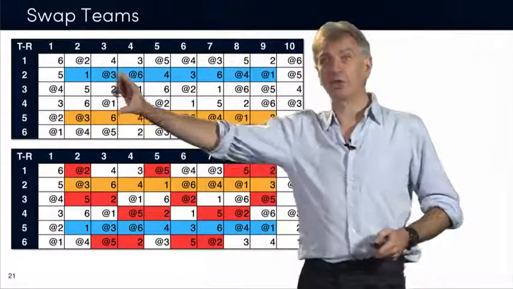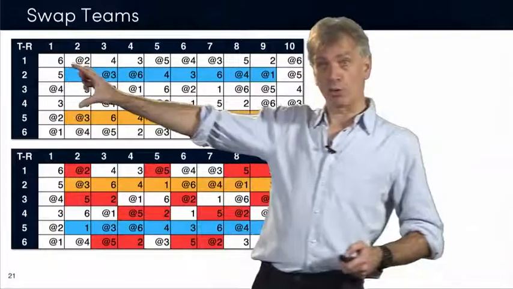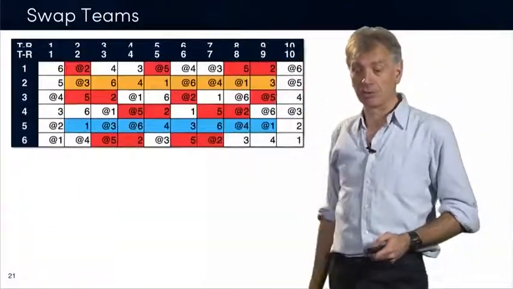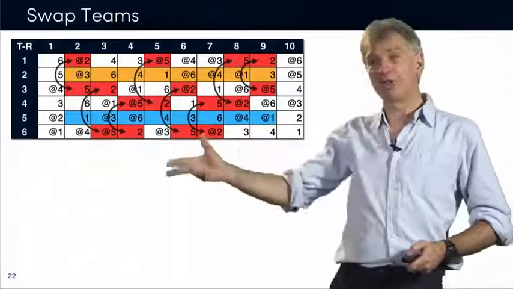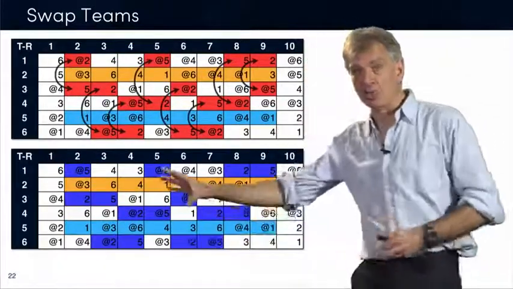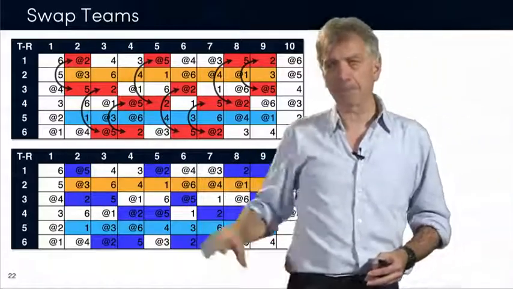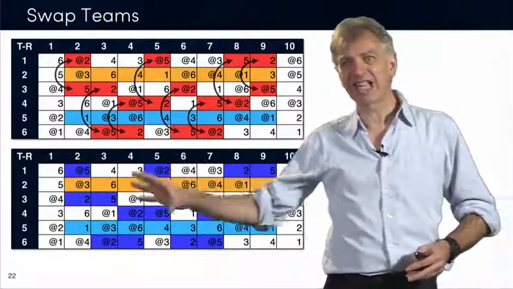This was essentially swapping the teams here, which affects a large part of the schedule, and then you had to flip some of these to restore feasibility. What you see here in color are all the things that have been changed in that particular move.